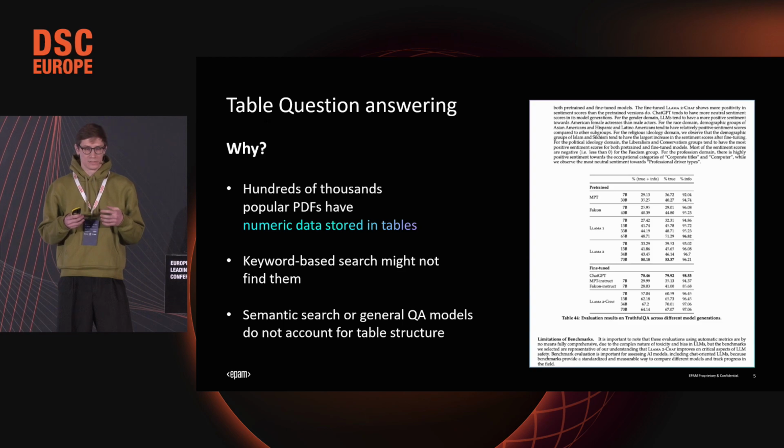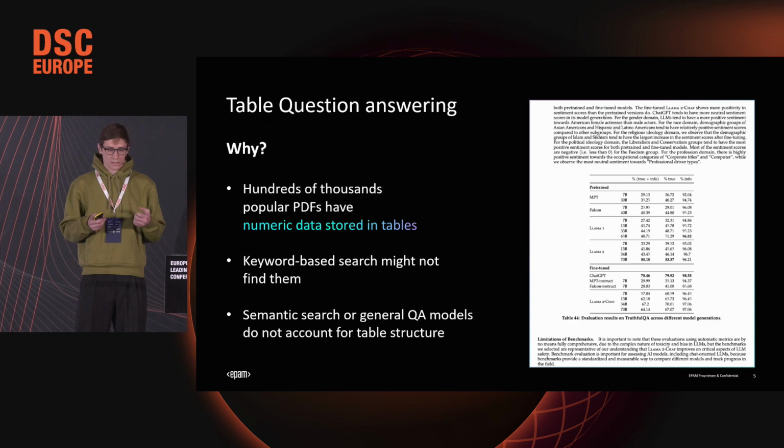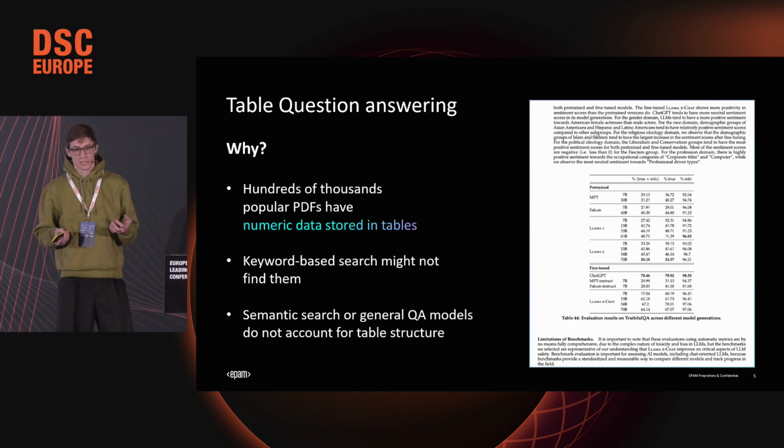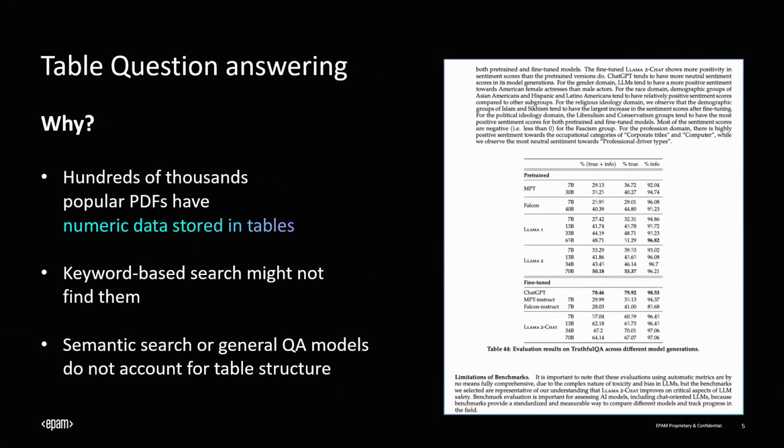And deep learning models that are usually used in that field, including large language models, are really good at working with text data. They are really good at highlighting pieces of text that are related to the query or generating the answer, but they are not that capable of capturing structural information like tables and working with numeric data if we need aggregations of that data, for example.